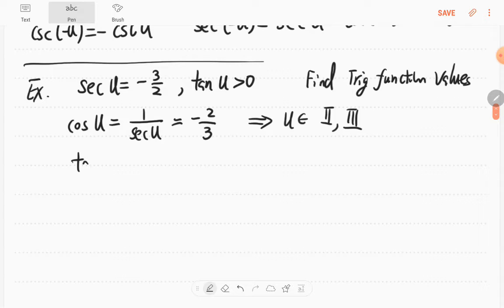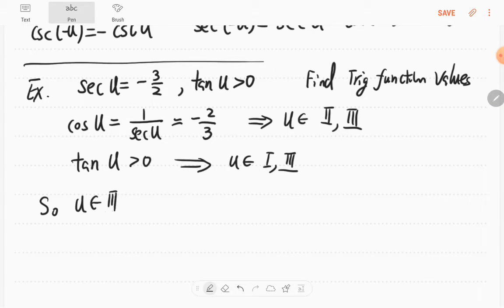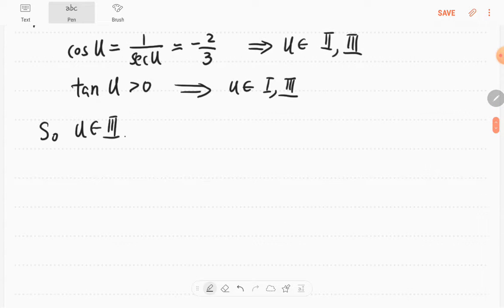We also know tangent of u is greater than 0, so u is in the first or the third quadrant. Putting these together, because both conditions must be satisfied simultaneously, u is in the third quadrant. In the third quadrant, sine is negative.